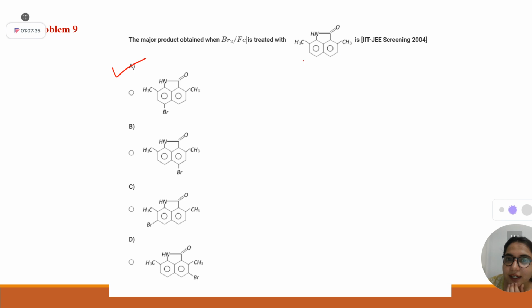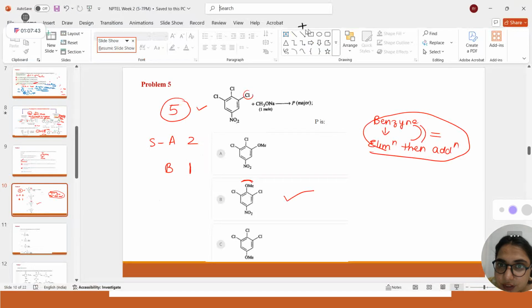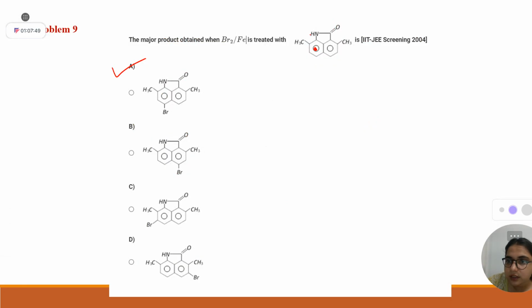But why not confirm? You are absolutely correct. See, this is your NH. This is your CO. If you talk about this ring, it is connected to NH, which is plus M. But if you look at ring B, this is connected to carbonyl C double bond O. For this ring, there is minus M. So if we do a competition between ring A and B, ring A is more reactive, right?